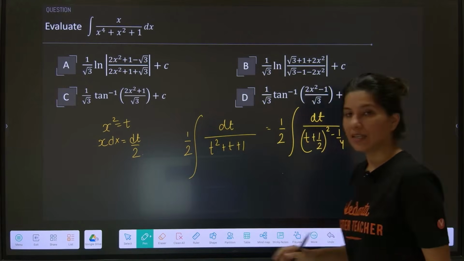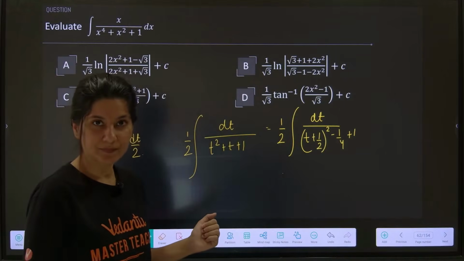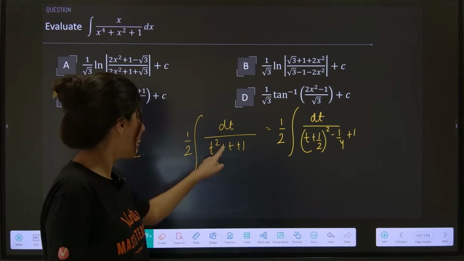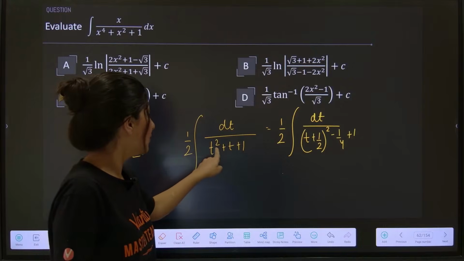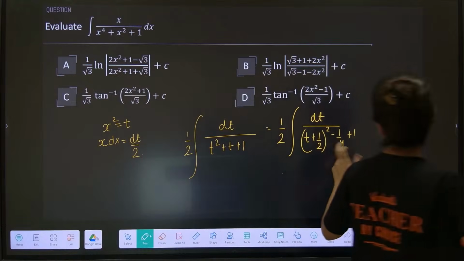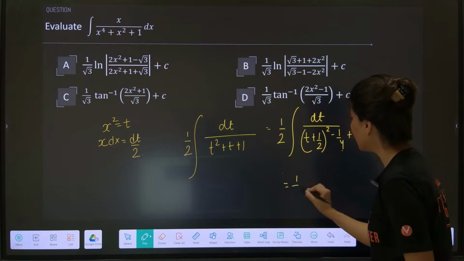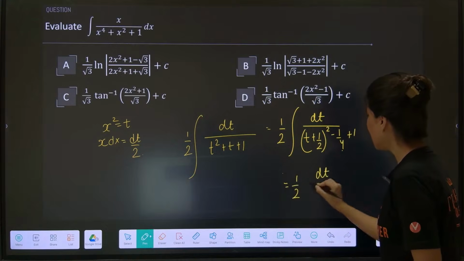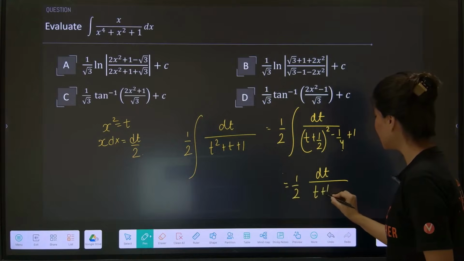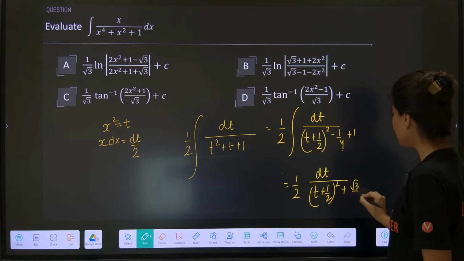Basically you have to take half of the coefficient of t, so t plus half whole square, and you need to subtract the square of half. That's how it is. So this is 1 by 2 dt upon t plus 1 by 2 whole square plus 3 by 4, which is root 3 by 2 whole square.